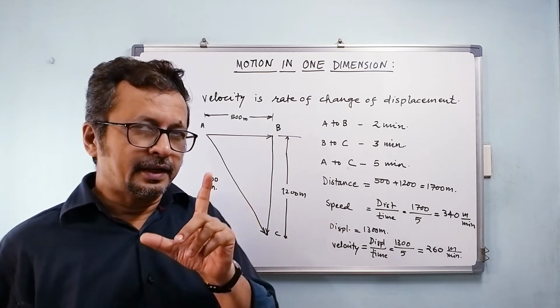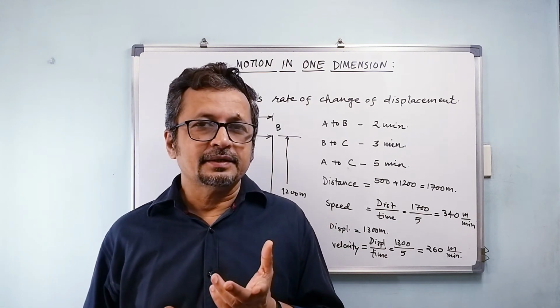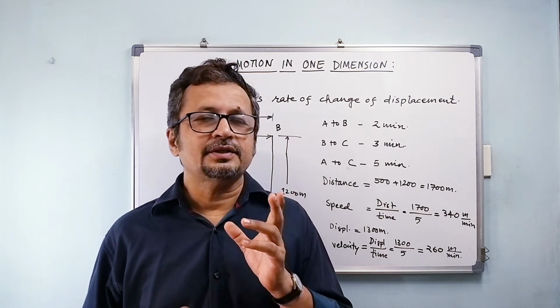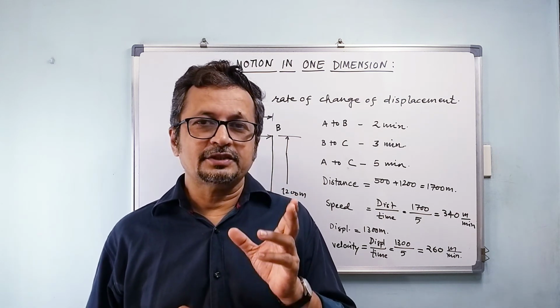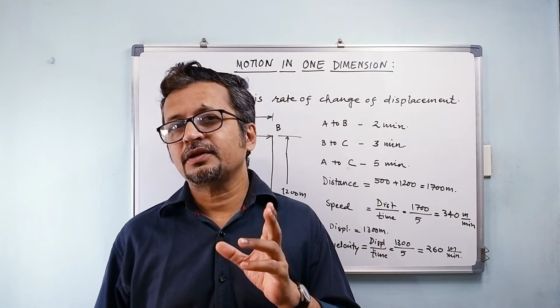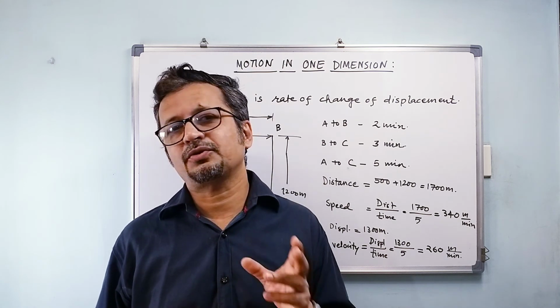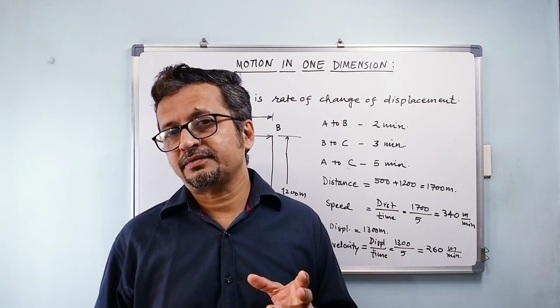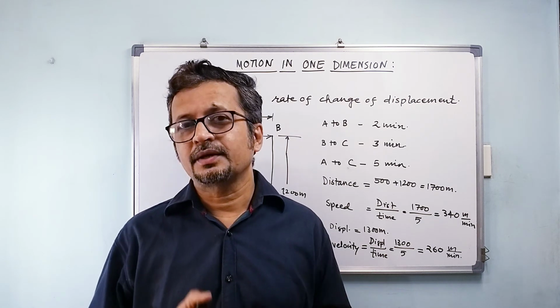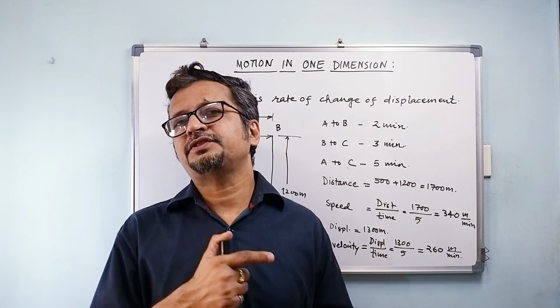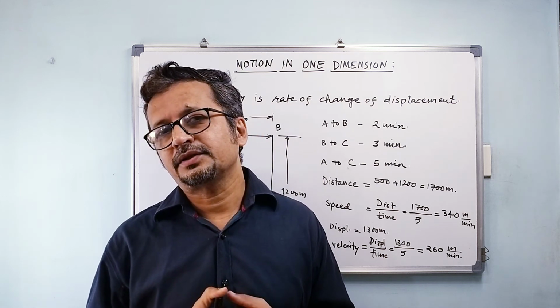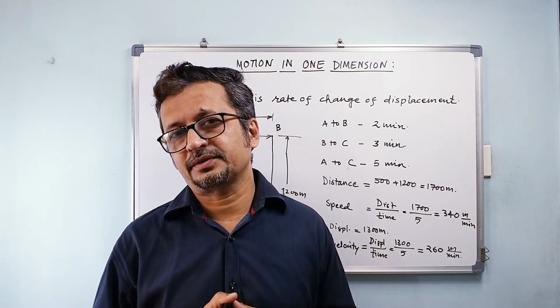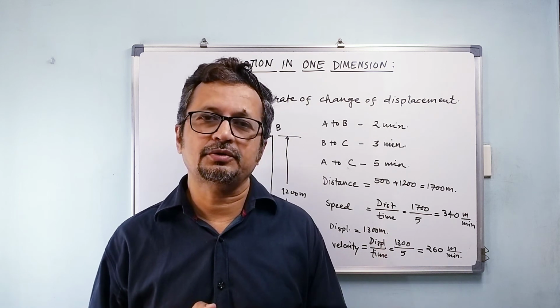Again, you might recollect I had said in my last lecture that speed will always be positive. It can be 0 or positive. My velocity can be positive or negative or 0. Correct. My velocity will generally be smaller than my speed, or then it would be equal to that.